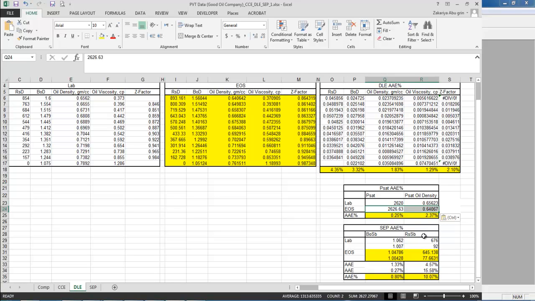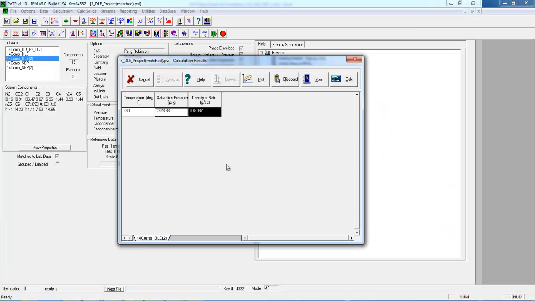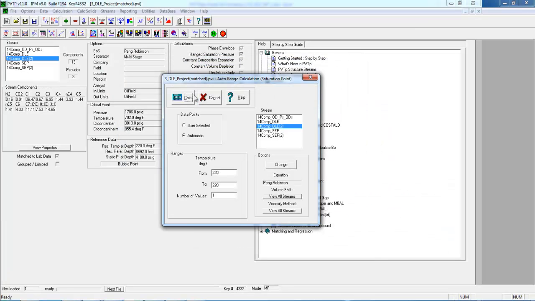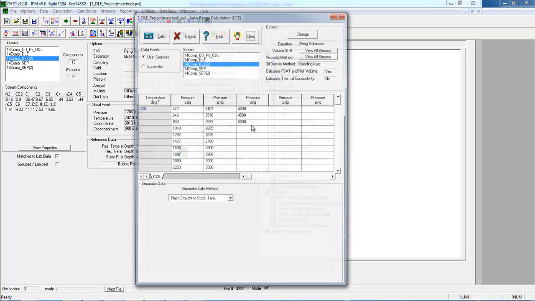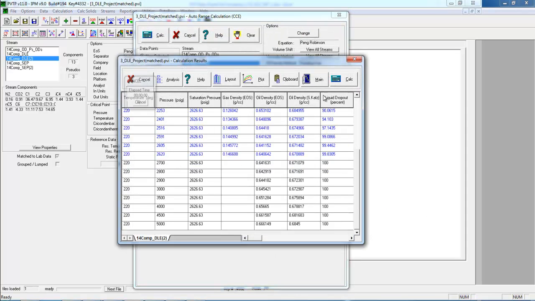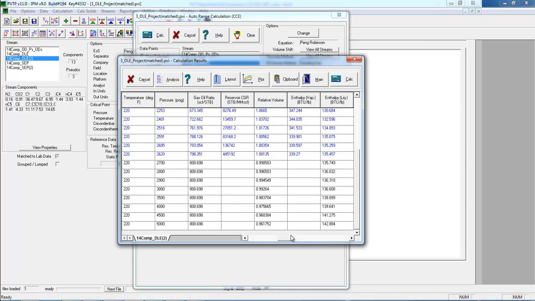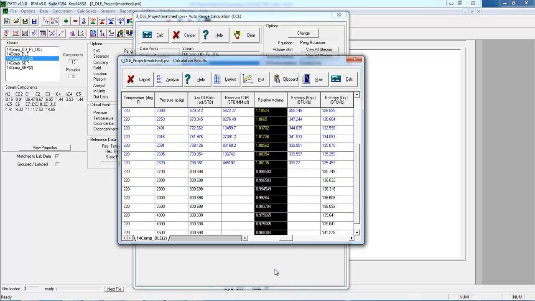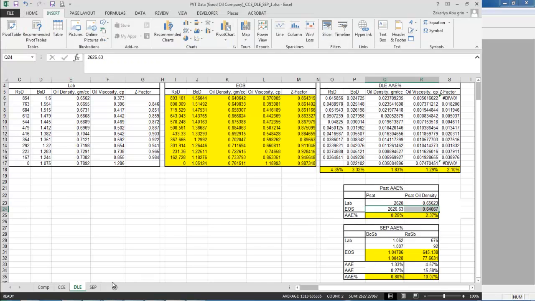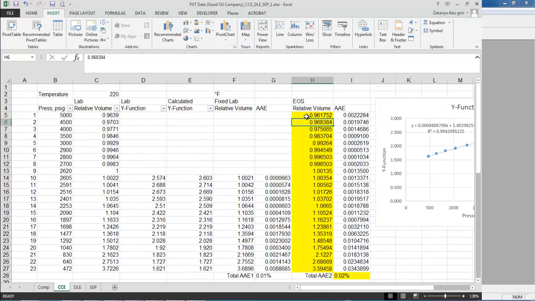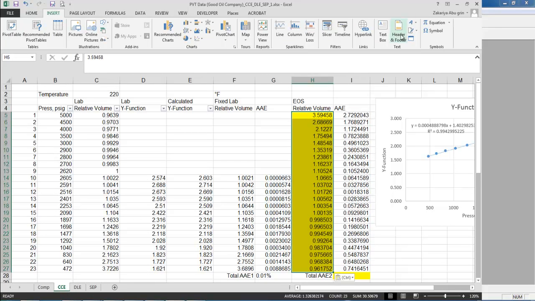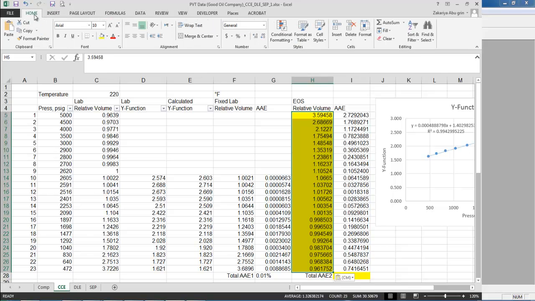It's still below 5%. Let's compare the other. What about CCE? If we take the relative volume, whoa, what's this?